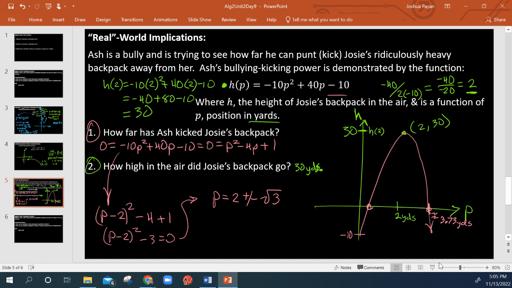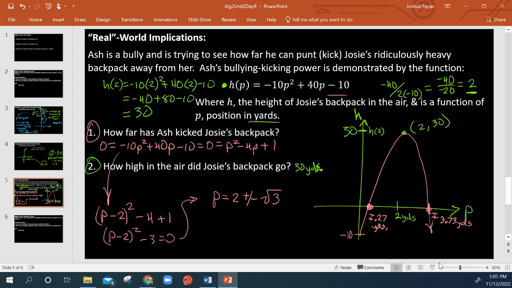That's our first x-intercept there, and then 2 minus the square root of 3, that would be at about 2.268. So we're going to just say 0.27, so about 0.27 yards.